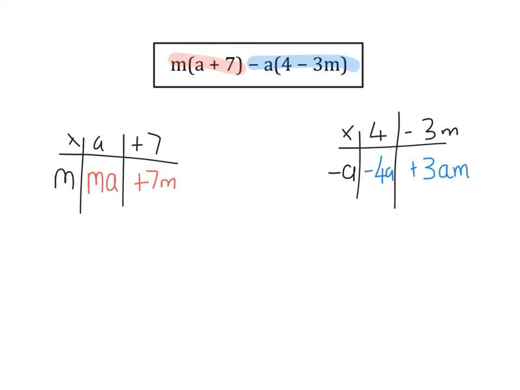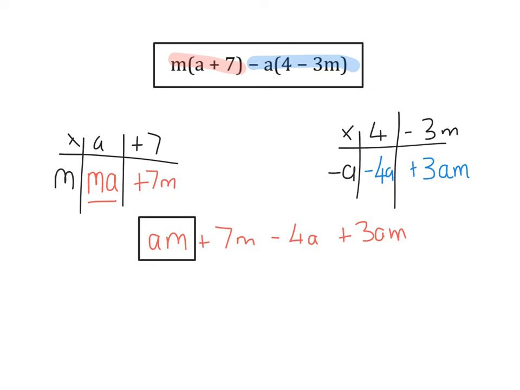Okay, let's write this out in order now. Now, that ma that I had earlier, I'm going to switch it to am because it's in alphabetical order. So I've got am plus 7m minus 4a plus 3am. So if I use my shapes, I've got some ams.